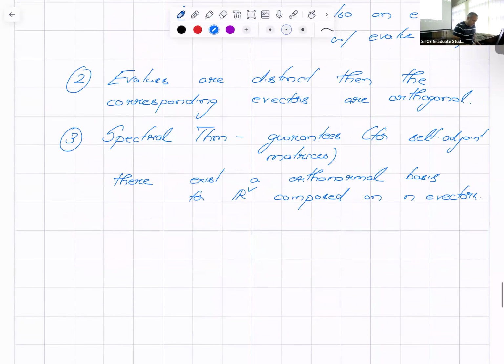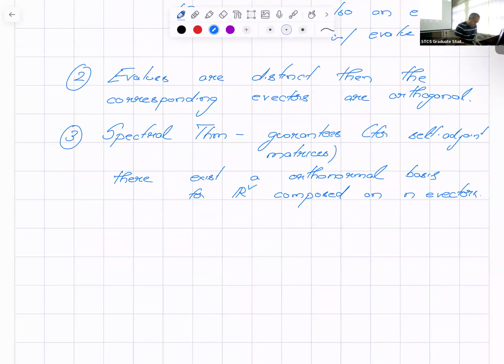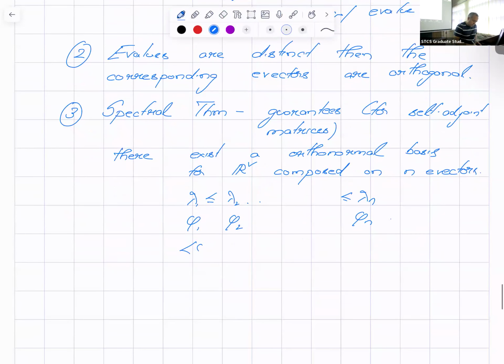So in general, we'll assume that lambda 1 ≤ lambda 2 ≤ ... ≤ lambda n. We have phi 1, phi 2, ..., phi n, and we'll assume that the inner product of phi i and phi j is 0 if i is not equal to j, and 1 otherwise. The spectral theorem guarantees that there is such an eigenbasis and we'll work with this.